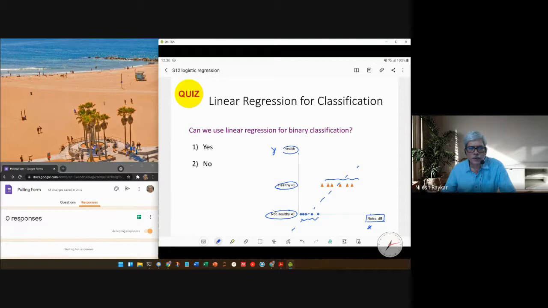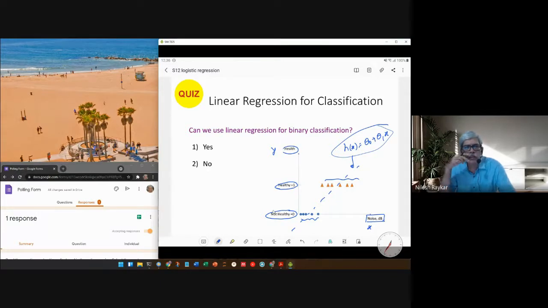Now, can we use this hypothesis function, h of x equals theta 0 plus theta 1 x, which is for linear regression? Can we use linear regression for doing classification? Just think about that and give me an answer.